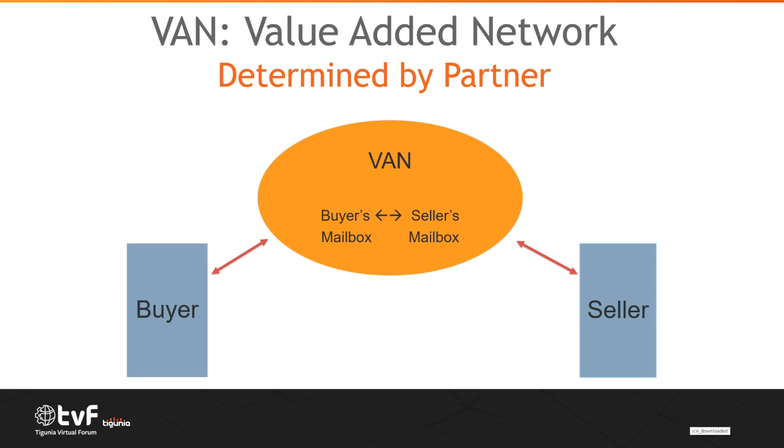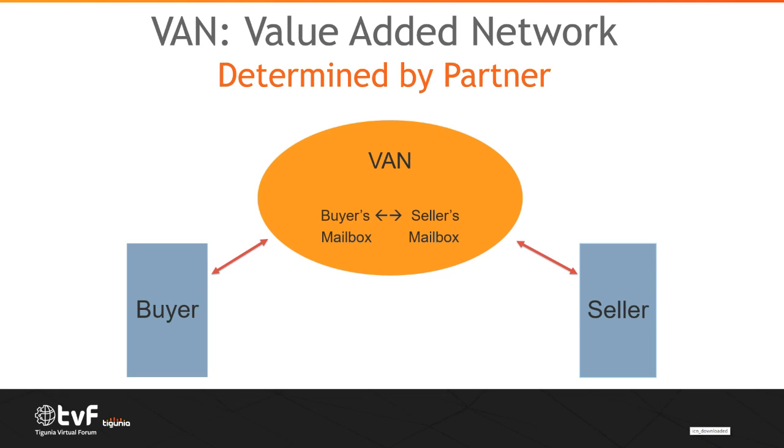And the VAN also serves as translator. So the buyer and the seller, all they have to do is send their files to the VAN. The VAN reads the files, translates them, and distributes them to the proper people, proper companies and mailboxes. And that's one way of doing EDI between two partners.